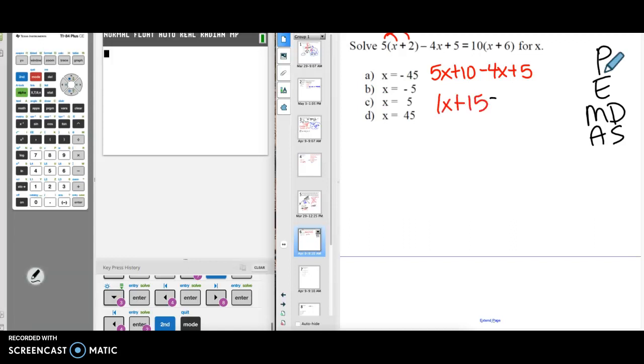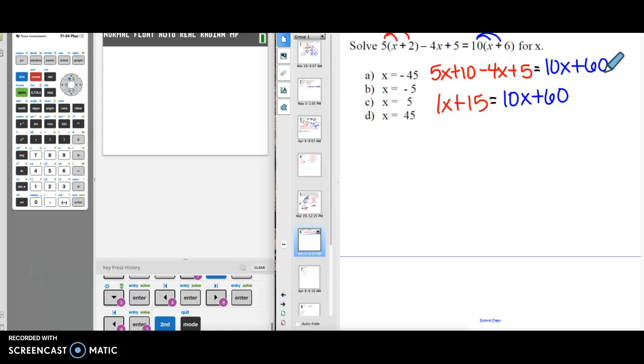And then let's go ahead and look at the right side. If I distribute this 10 in, you get 10x plus 60. And now we want to move everything to the same side. So I'm going to subtract 1x first. And then subtract the 60.